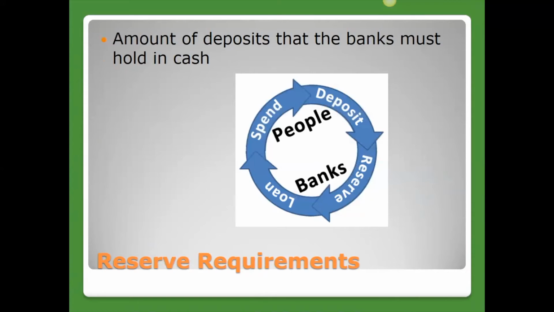The reason for this is that when somebody wants to withdraw some money, the banks have that cash available to give it back to the people. It is required so that the banks always have a certain amount of cash on hand, so that if things change for whatever reason, they don't go in the hole. That's the reason the central banks put this requirement on the commercial banks.